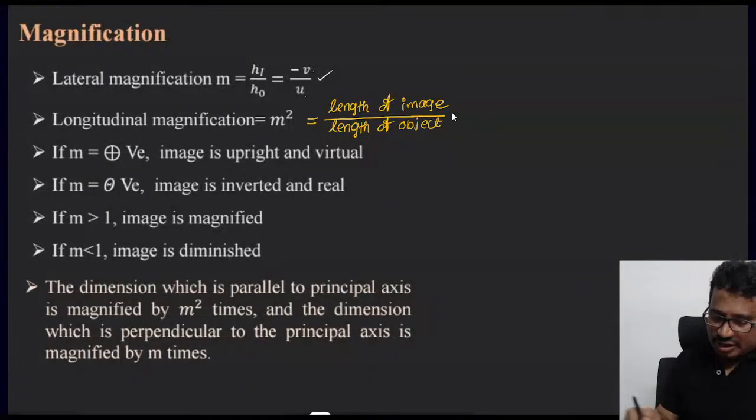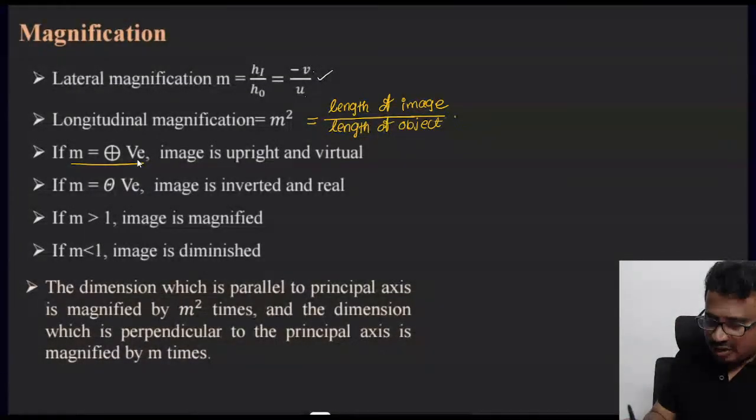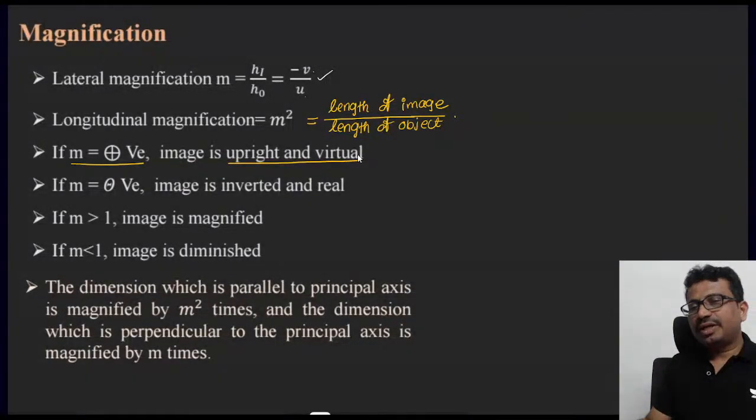And whenever there is a magnification, if it is positive, what does that mean? The nature of the image is virtual and upright. Upright is also called erect. If the magnification is negative, the image is real and inverted.